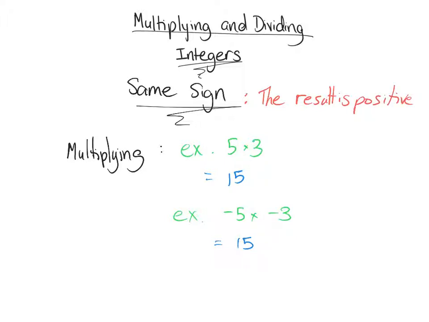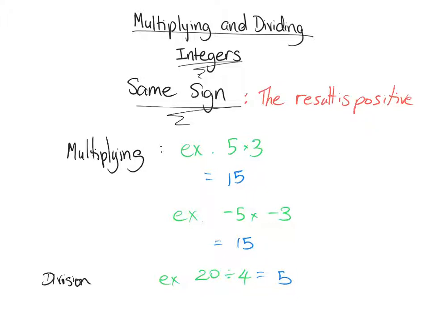So does that change for division? Absolutely not. If you have the same sign, you're always going to get a positive result. So for example, if we have 20 divided by 4, the answer, as you probably know, is 5.